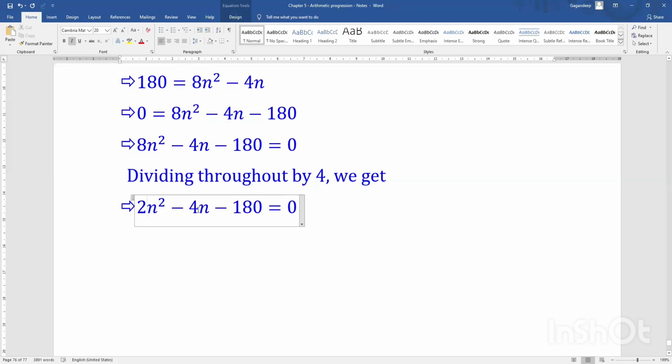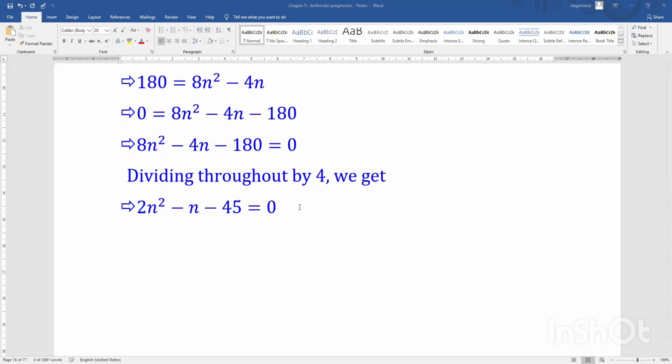And then 4 will become 1. And then 180 will change to 45, because 4 fours are 16, 2 is a remainder, 20, 4 fives are 20. So 2n square minus n minus 45 equals 0.